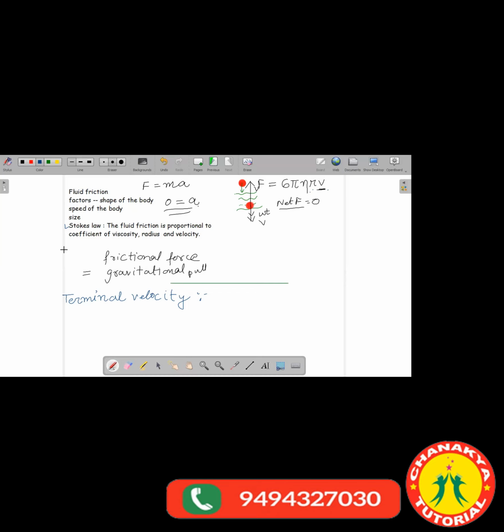And this is the same reason that if you try to accelerate your vehicle, there is a certain maximum speed beyond which you cannot accelerate. You cannot accelerate your vehicle beyond a certain limit. Why? The reason is again the dragging force that is acting.